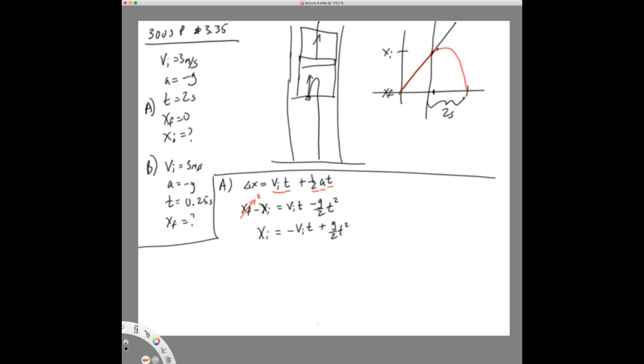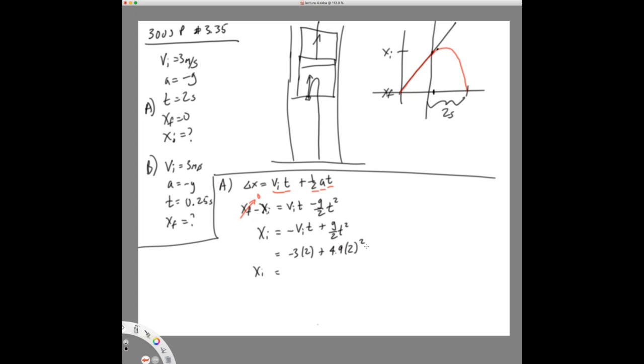So again, I'm working with the symbols for practice, rather than plugging numbers in prematurely. And we're going to get minus 3 times 2 plus 4.9, that's 9.8 over 2, is 4.9, times t squared, which is 2 squared. So the x initial, let's see, do I need a calculator for that?